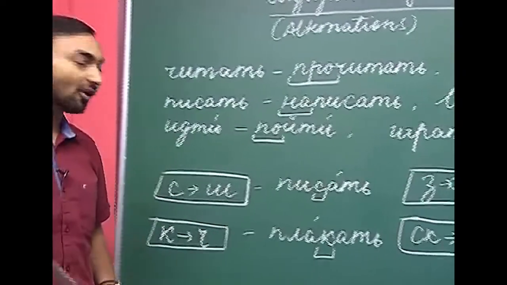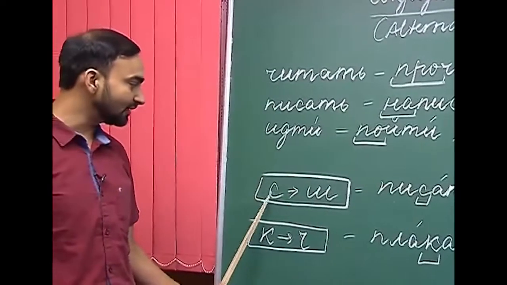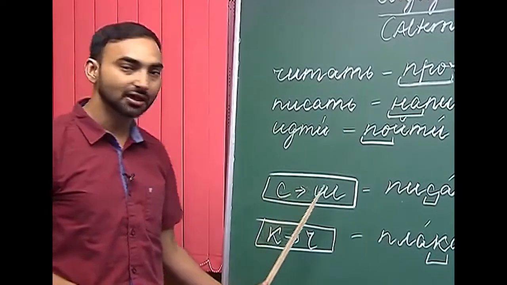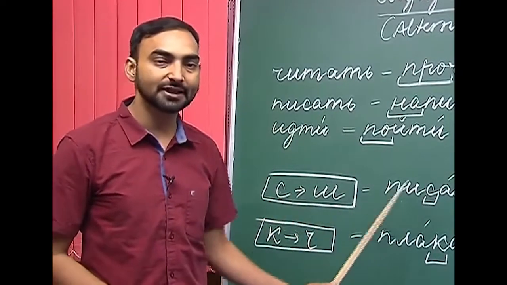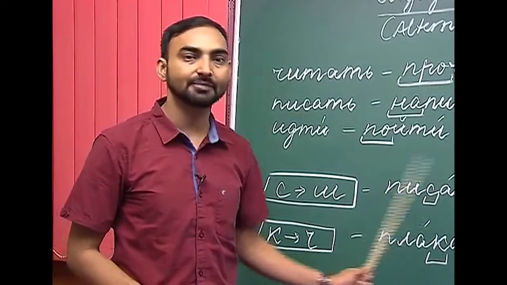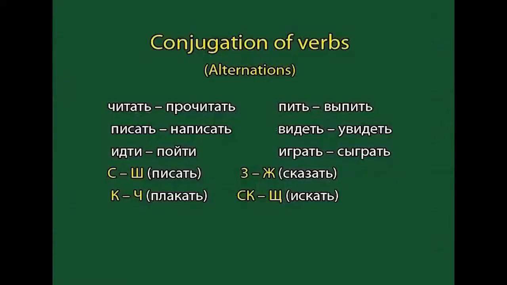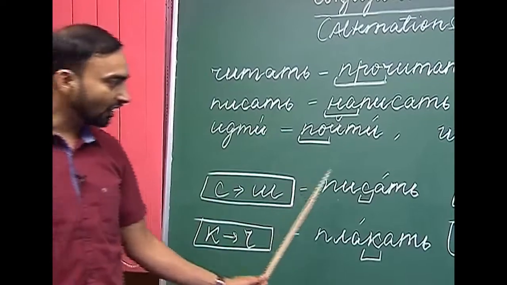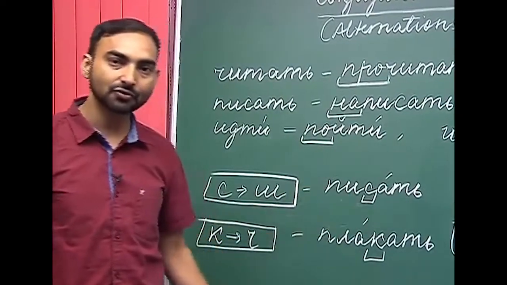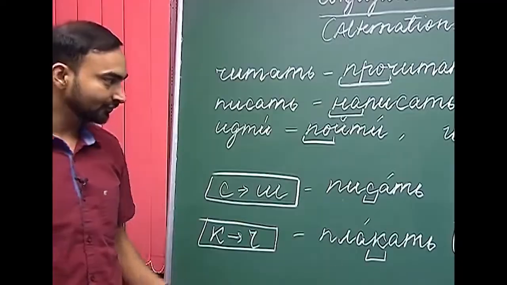Here we are not using the consonant s, we have changed the consonant to sh. Ya pishu, ti pishish, onana pishit, mi pishim, vi pishite, ani pishut. Here the alternation happens between s and sh, and this alternation carries forward to all the other forms.